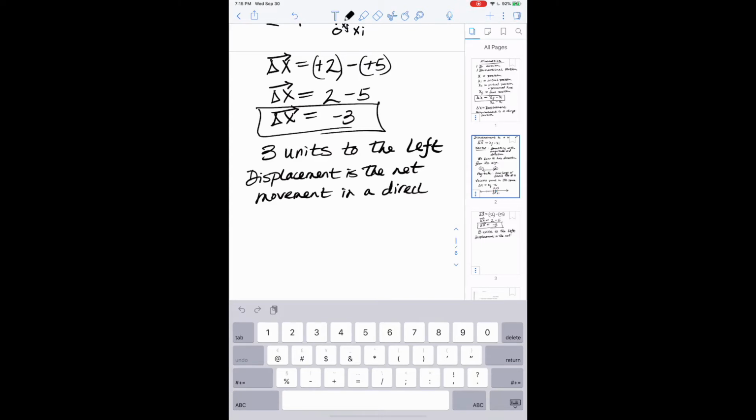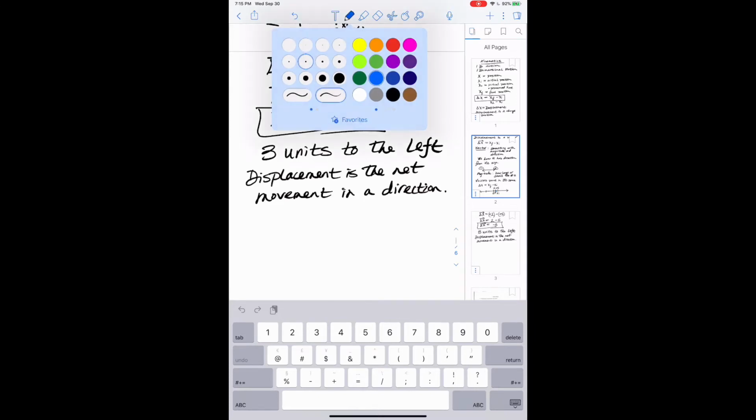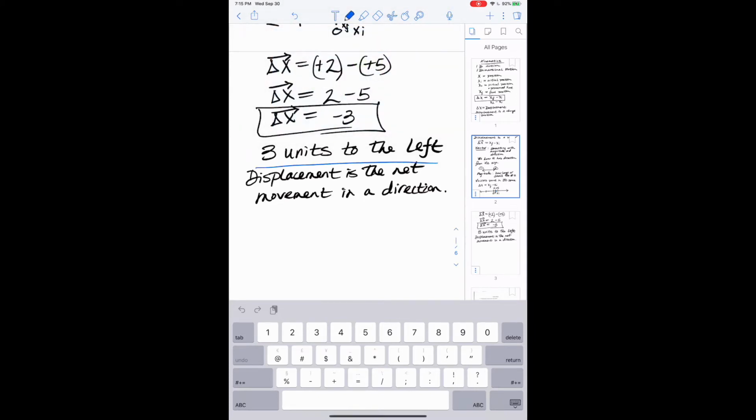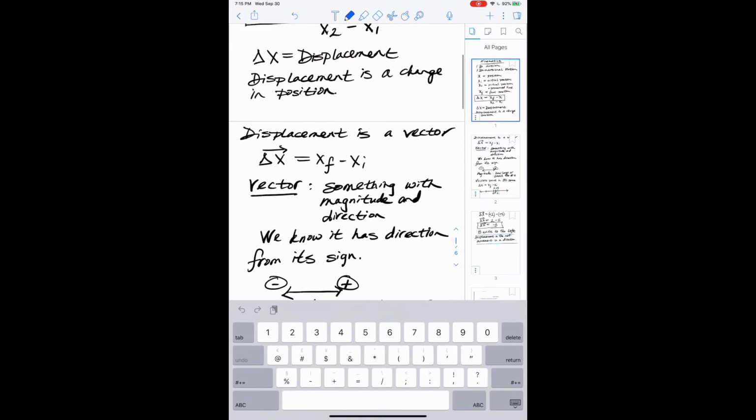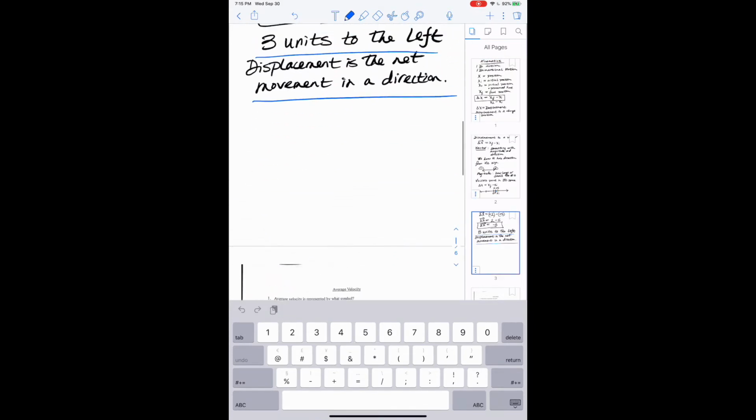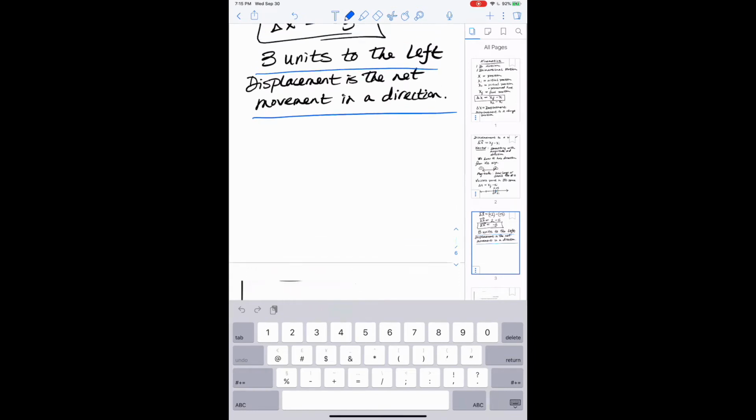This is kind of hard to look at with everything kind of together. So this is the net movement in a direction.